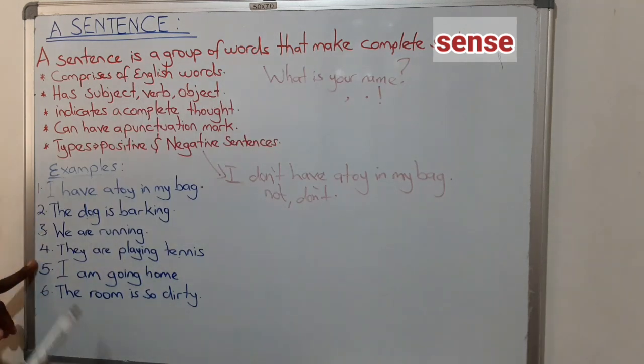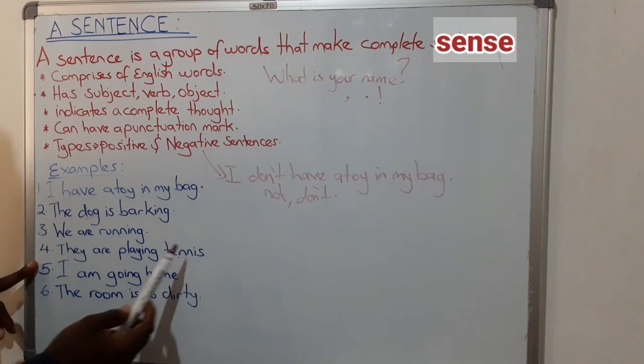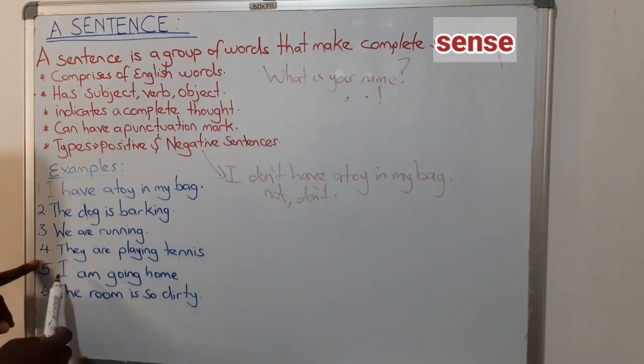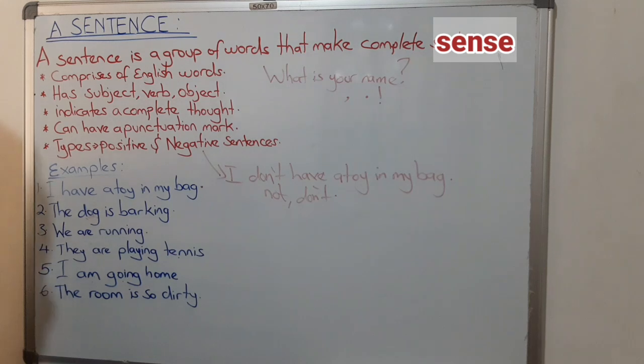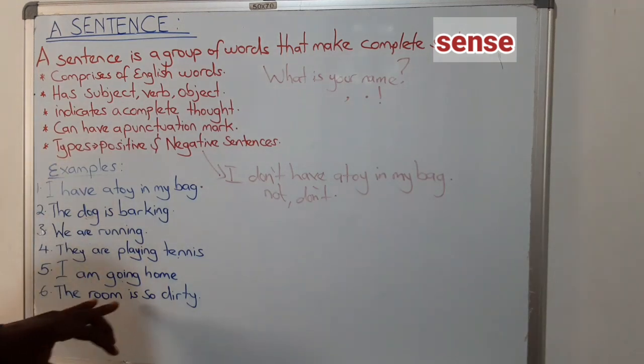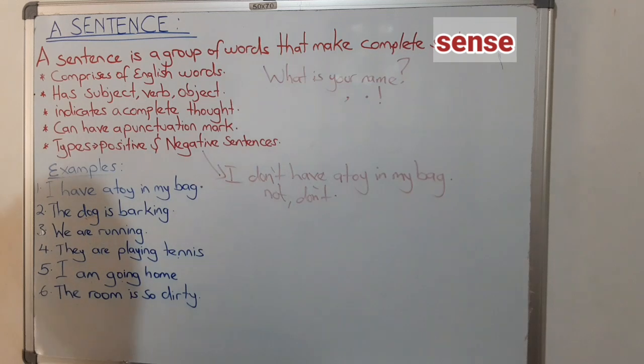You are going to say, they are playing tennis. I am going home. You're walking away and you're going home. So you say, I am going home. The room is so dark, and many other sentences.